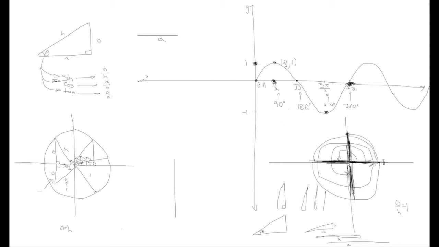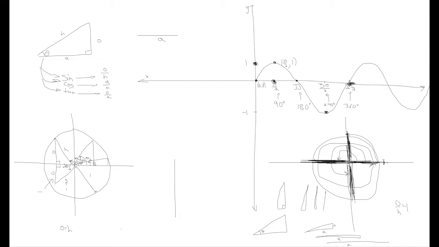But at pi, 180 degrees, we've gone all the way around, right? Now, like the opposite side is negative when it goes below the x-axis, the adjacent side is going to be negative when it goes to the left of the y-axis. So once it reaches this left side of the unit circle, it's going to be negative.